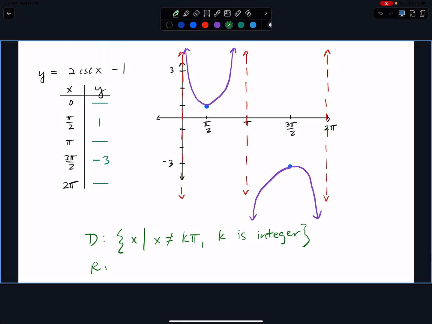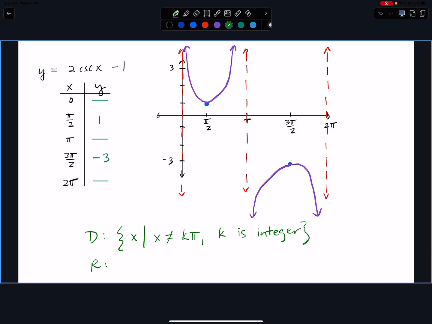The range is not all real numbers. Because, do you guys see how, what's the y value right here? 1, and then it's going all the way to infinity. What's the y value right here? And it's going all the way towards negative infinity, right? So do you guys see that between -3 and 1, there's nothing that the graph's touching, okay?